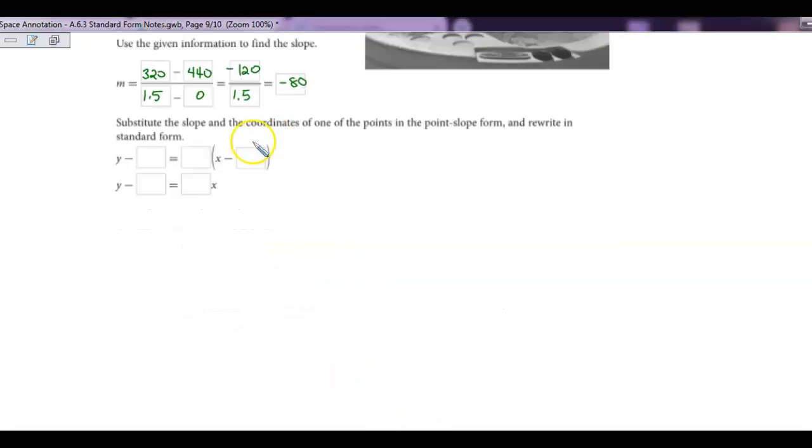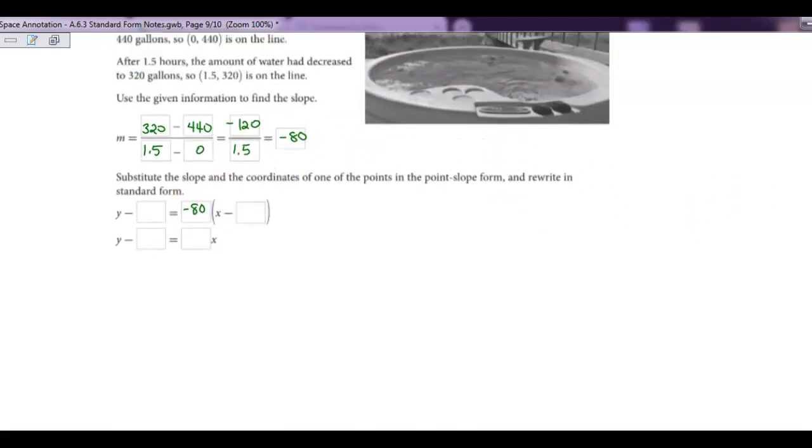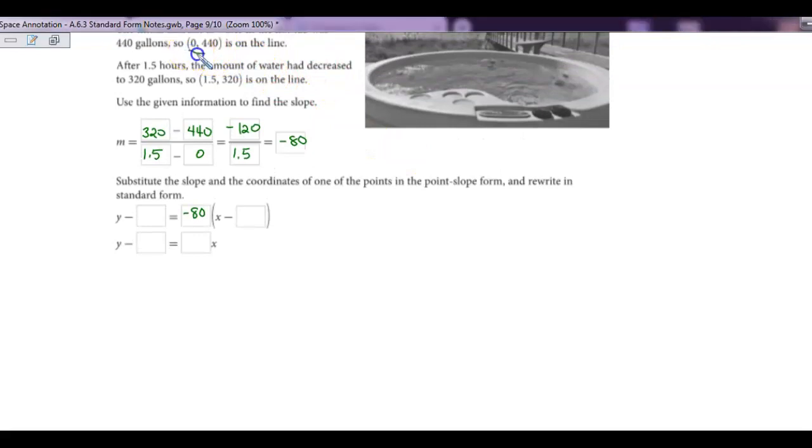So I know that my slope is negative 80, and my ordered pair, I think I'm going to use this one here. So my y is 440, and my x is 0. So I'm going to get negative 80x, and y minus 440 stays. And now they want me to write that in standard form.